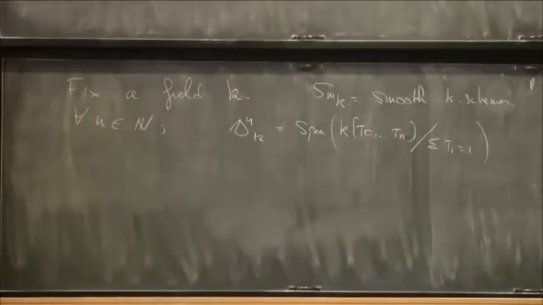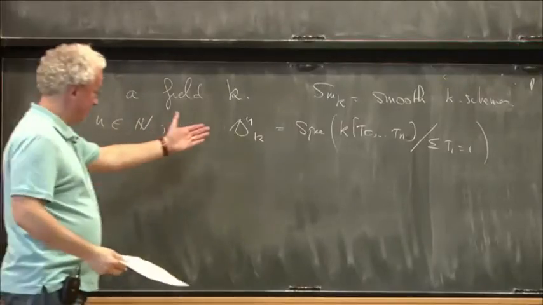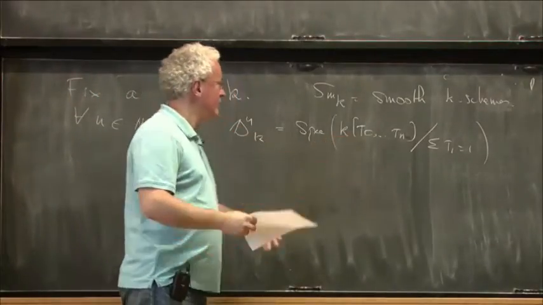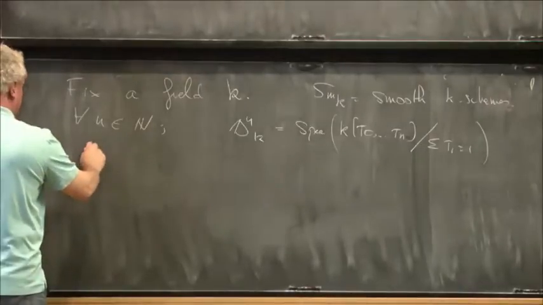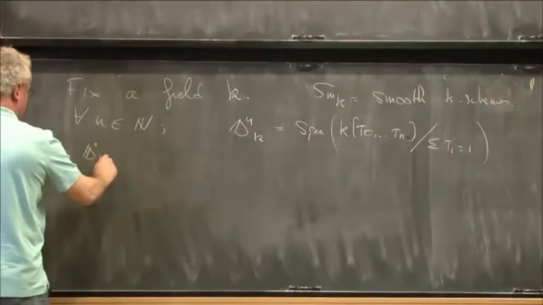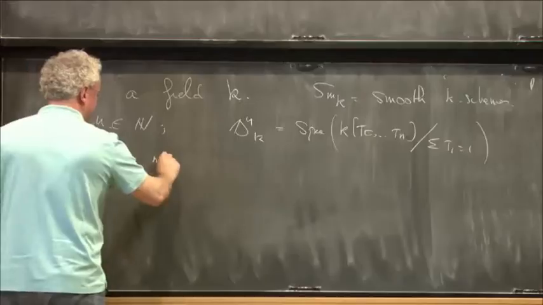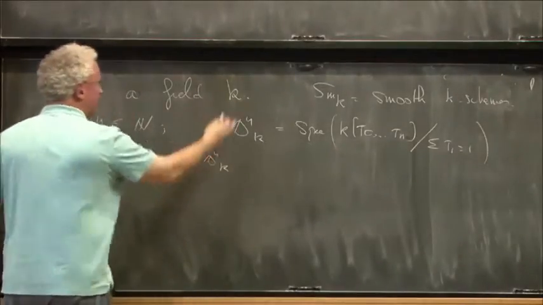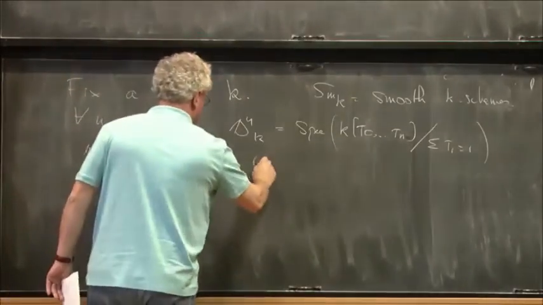So it is an affine space of dimension n, but written this way, it is clear that you get a cosimplicial object in the category of smooth schemes.